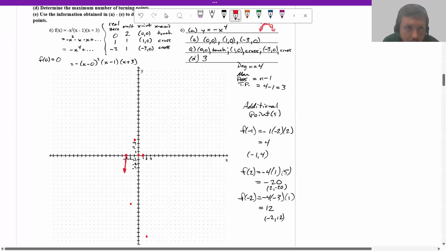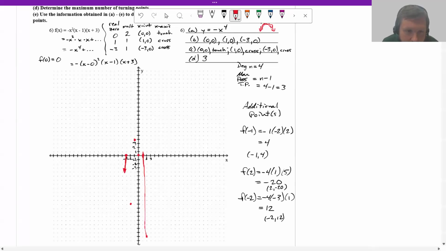And then at the positive one, we know it's supposed to be crossing, and I got carried away and put something all the way down there. So it's doing that.